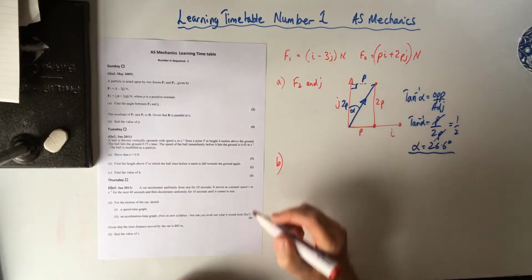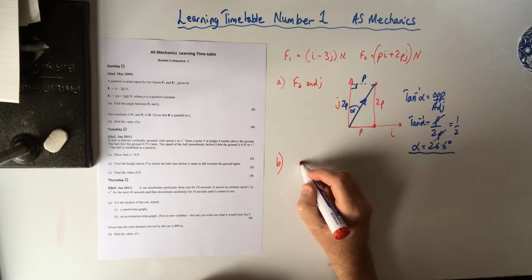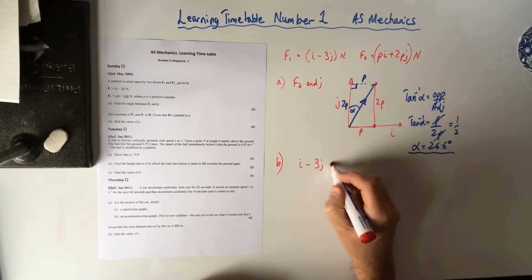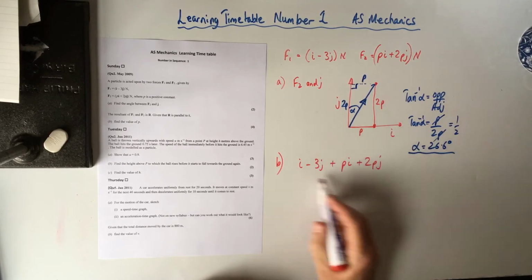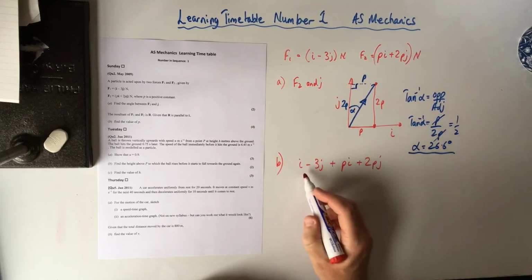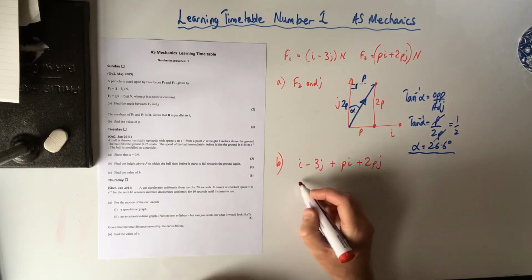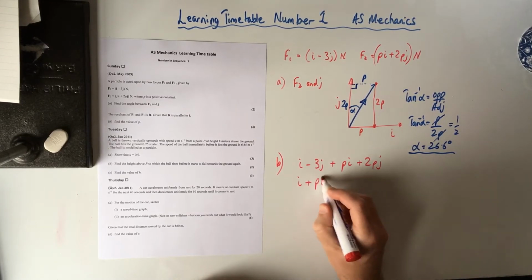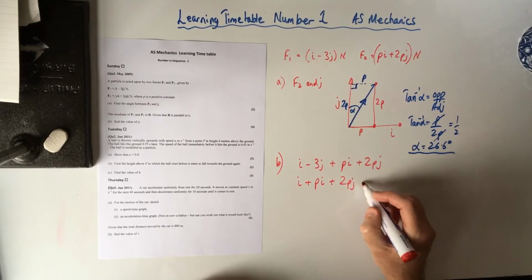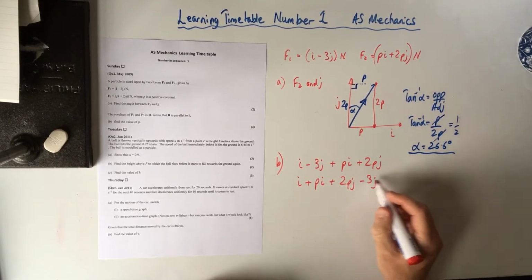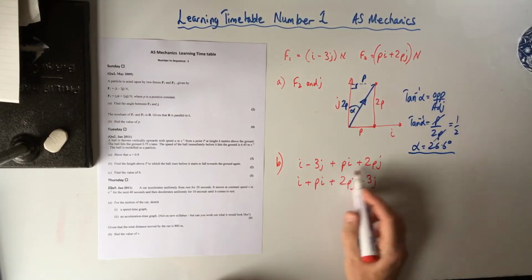So B. The resultant force is those 2 added together: i minus 3j plus pi plus 2pj. We always do the same thing here: get your i's together, get your j's together. So we've got i plus pi, plus 2pj minus 3j. I could have done minus 3j plus 2pj, but just to keep it positive, I've got my i's at this end, my j's at that end.